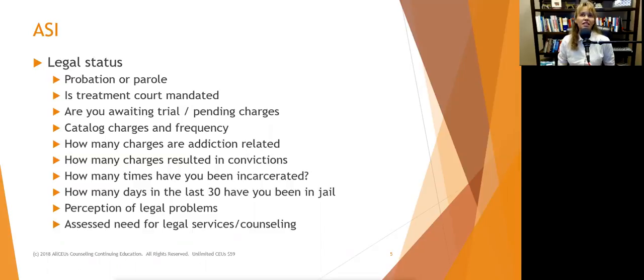We want to catalog charges and frequency, and this is one of the easiest ways of determining whether somebody meets criteria, if you will, because generally they say 2 or more problems in a 6-month period related to the addiction.